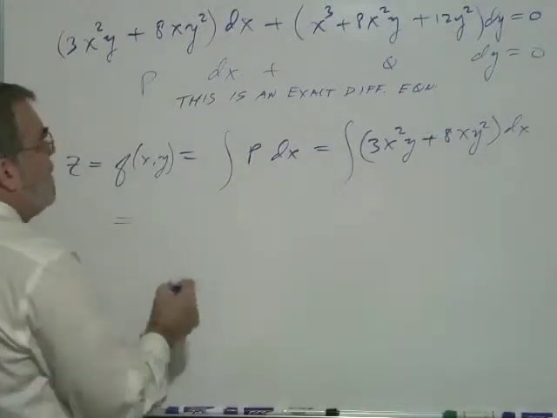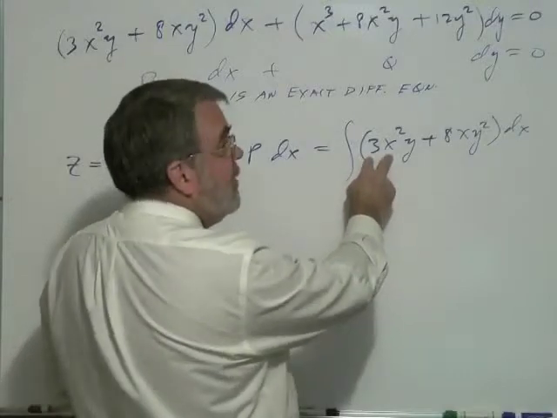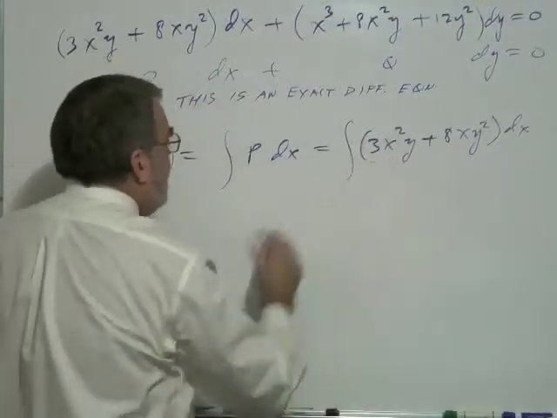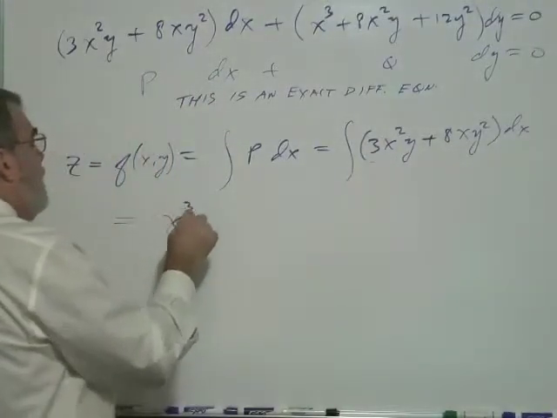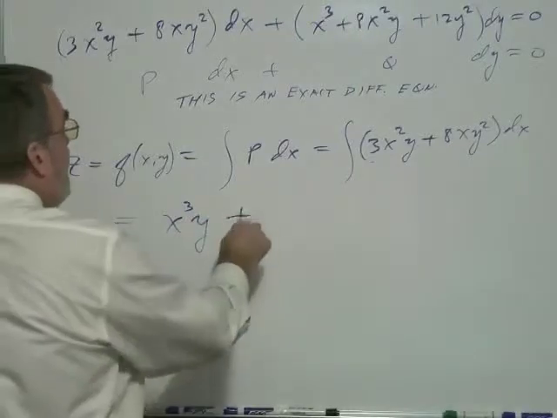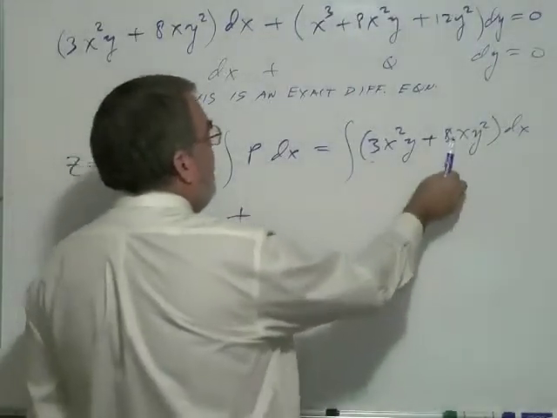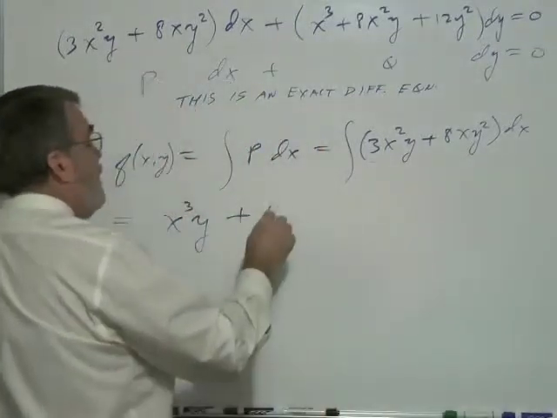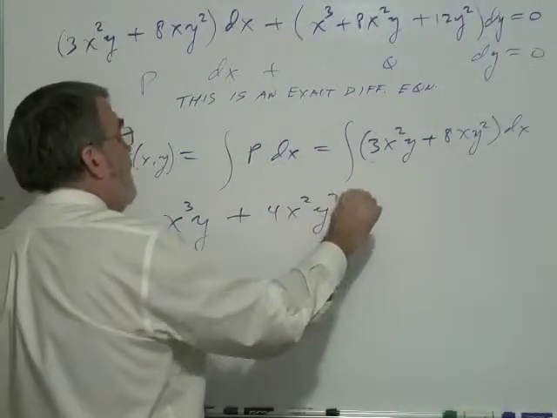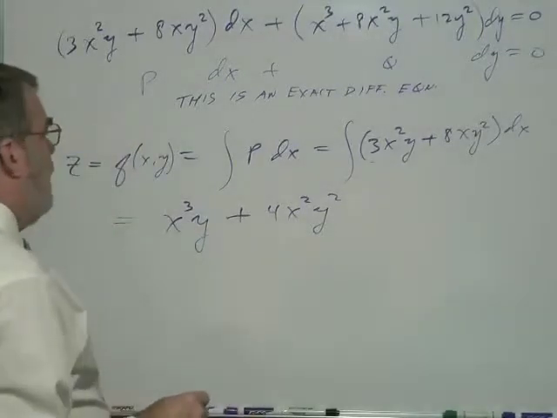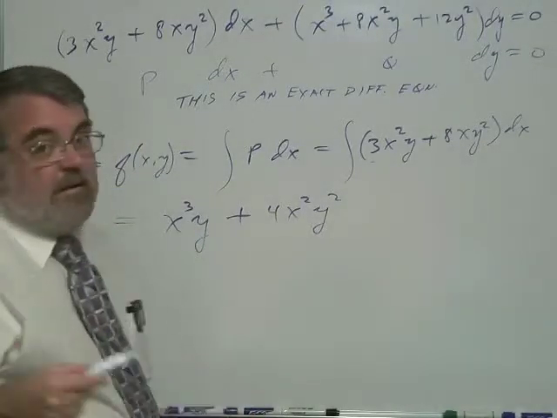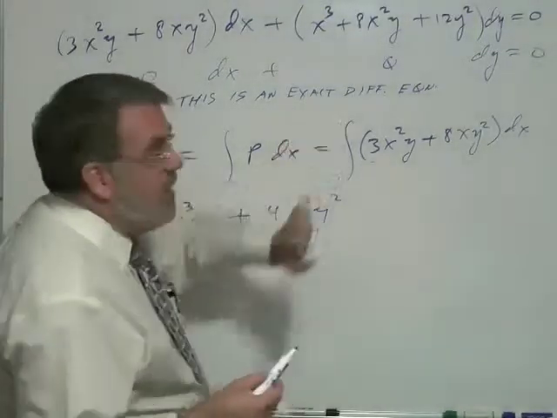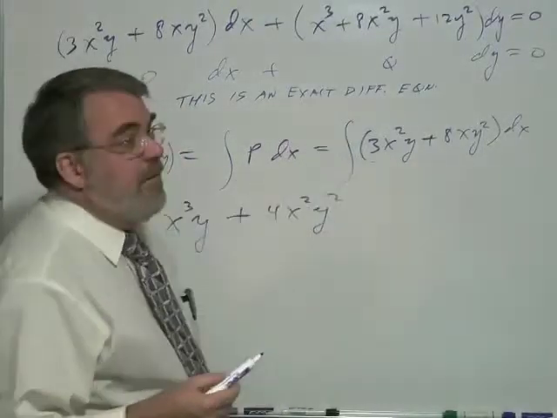So when I do that, I integrate 3x squared, I get x cubed times my constant y, so I get x cubed y, plus, integrate 8x, I get 4x squared times my constant y squared, so it's 4x squared y squared. And then we always have an additive constant because it's an indefinite integration. I have no limits of integration here.